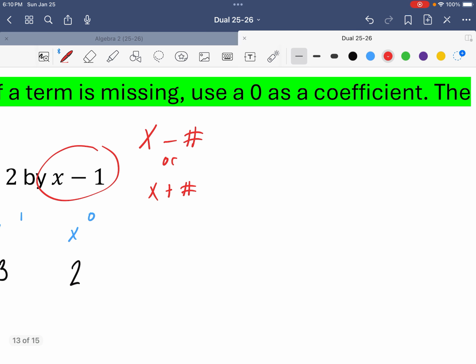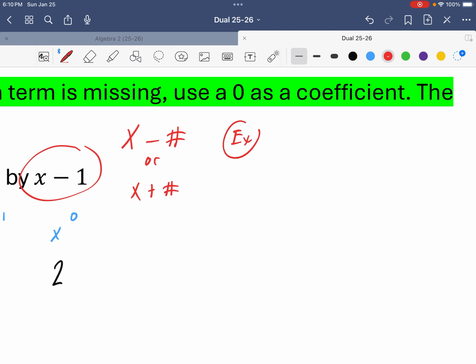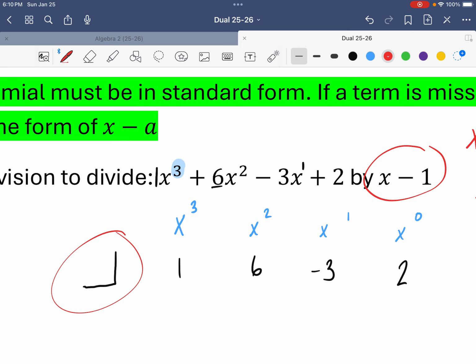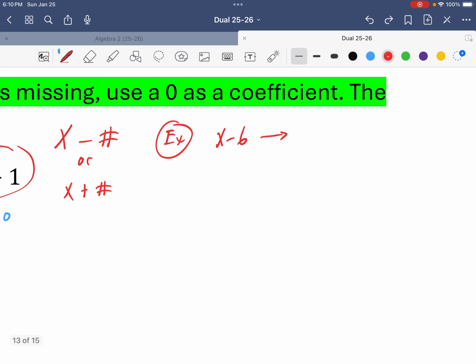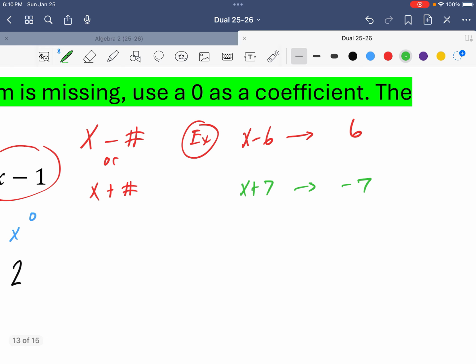So for example, again, this is just examples. If I have x minus 6, I'm going to put in that little synthetic division box a positive 6. Okay? And if I had an x plus 7 in that little box over there, I'm going to put a negative 7. Okay? On the flip side though, what happens if I just had to divide by x equals 1 or x equals 7?